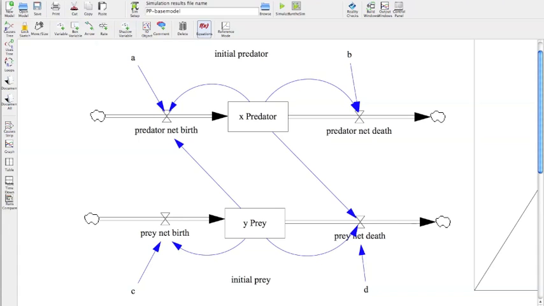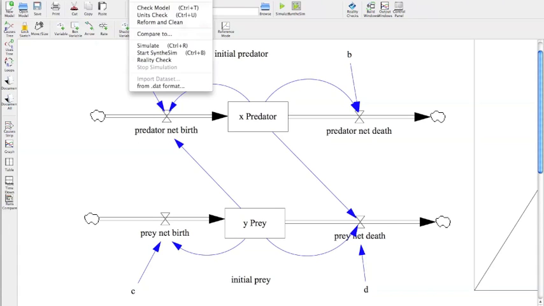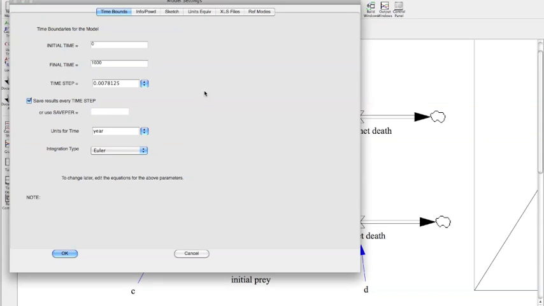I wanted to show also something that's key to look at. If you go to the model tab and go to settings, you can look at the settings of the model. This model is run for 1,000 years, so from 0 to 1,000. The time step here, you can select it, but we're going here at 0.0078125 years.